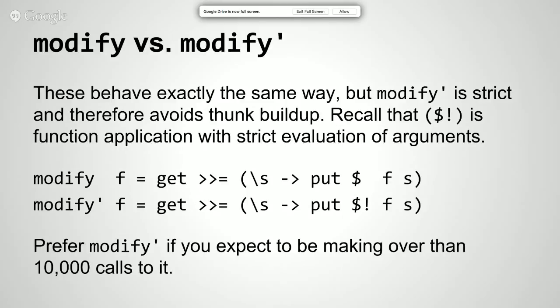If you're going to be making hundreds of thousands of modify calls, you're better off using modify prime and saying, okay, I want these stateful updates to happen now, rather than building up a thunk and doing things later and possibly blowing up memory.